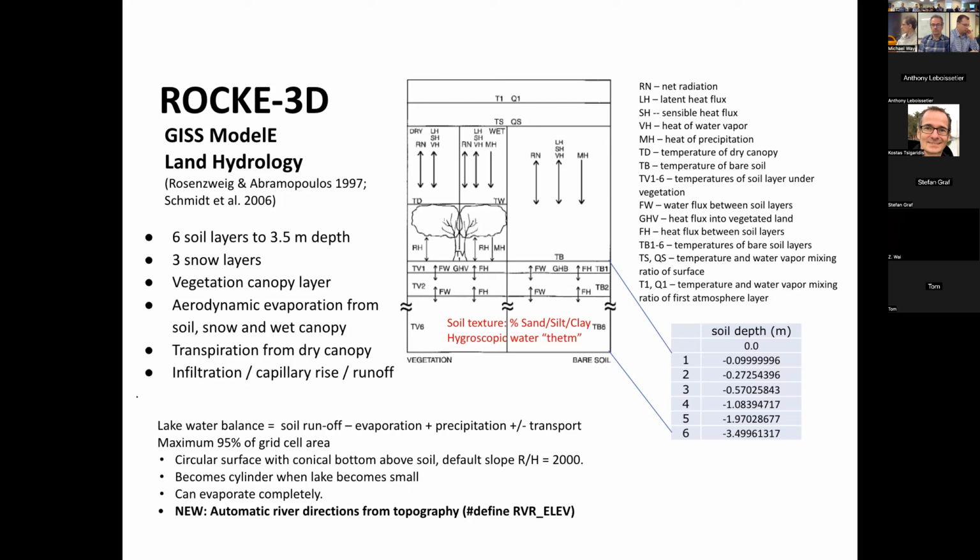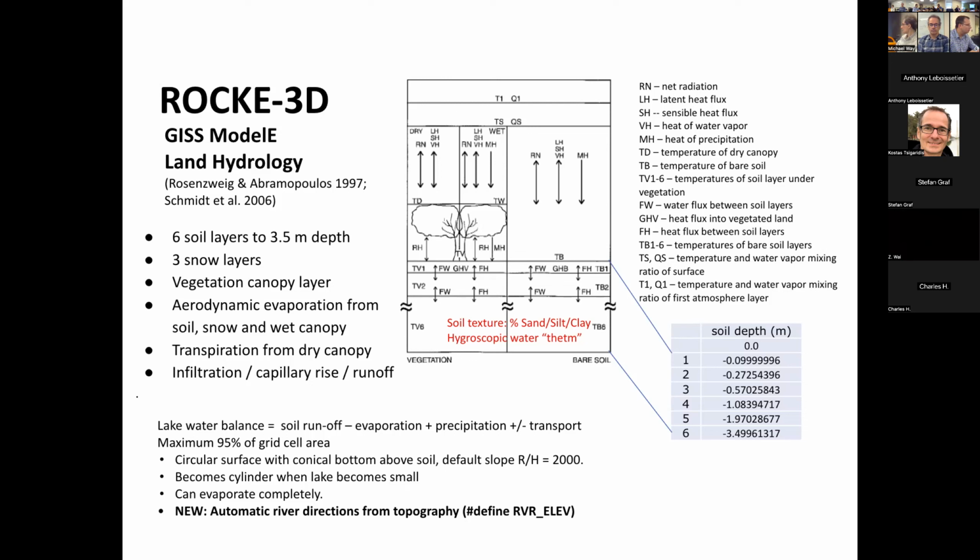Vegetated surface has 16 plant functional types, so you can specify that many different types of vegetation. This plot shows all the fluxes. It probably still misses some. I'm not asking you to read this plot and understand everything. It's just to show you the complexity of the problem. All these arrows are fluxes of heat and water between different types of land and the atmosphere.